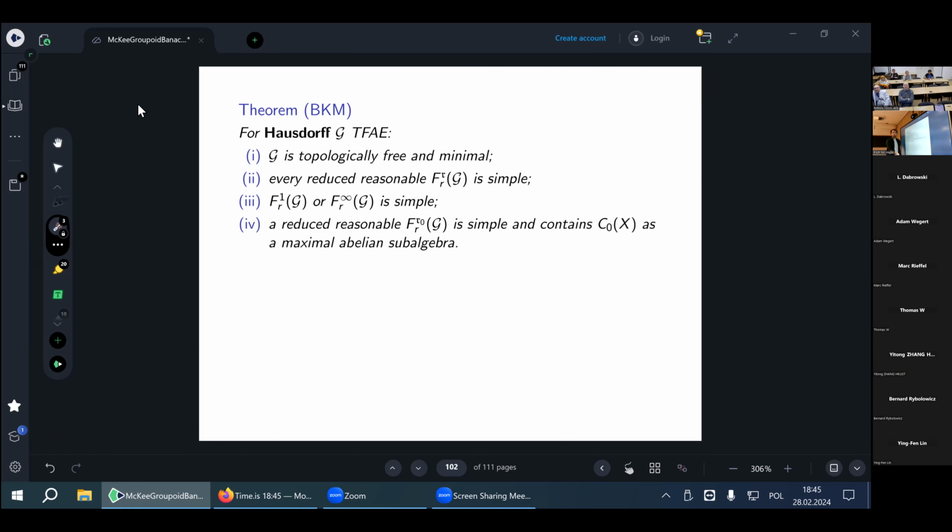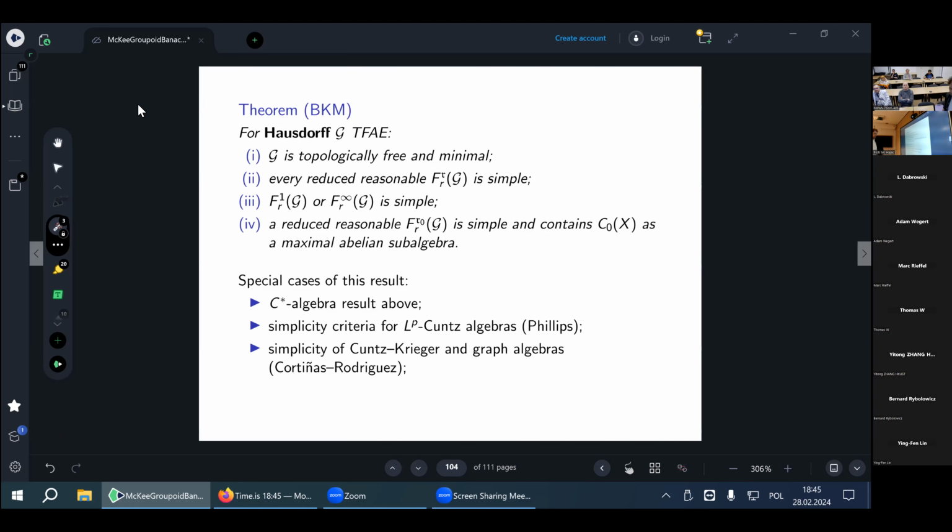Reasonable algebra is simple, and C0 of X fits in here as a maximal subalgebra. So I'll finish that. This reduces to some simplicity criteria for groupoid algebras, like LP algebras that are out there already.